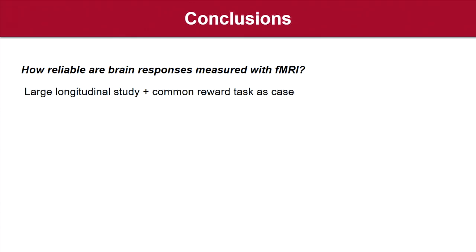So, coming back to the original question, how reliable are brain responses that we measure with fMRI? We had this large longitudinal data set that we worked on here, and a very common reward task is often used.